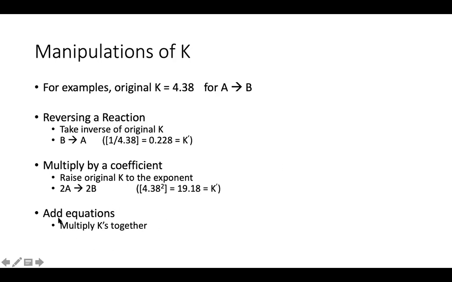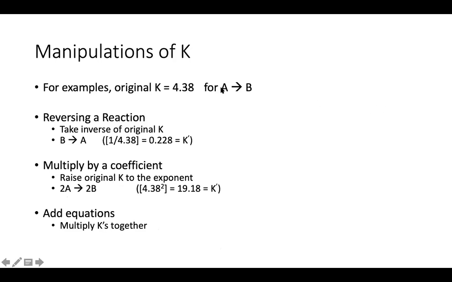And then lastly, if you ever need to add two reactions together and they each have their own equilibrium constant, when you add the reactions together, you find your new equilibrium constant by multiplying your original equilibrium constants together. When you come back to it, that makes the multiply by a coefficient manipulation make a little bit more sense.